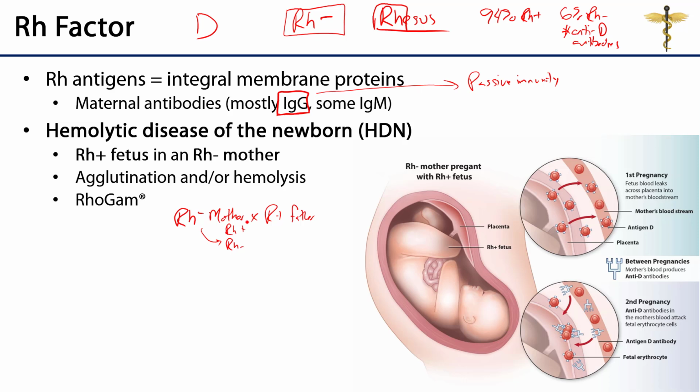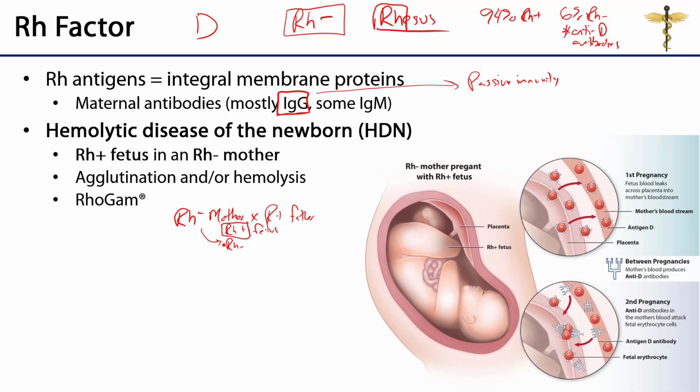Now the issue here is that an Rh positive fetus can generate an immune response, so the mother can make anti-D antibodies against the antigens on the surface of that fetus's red blood cells.